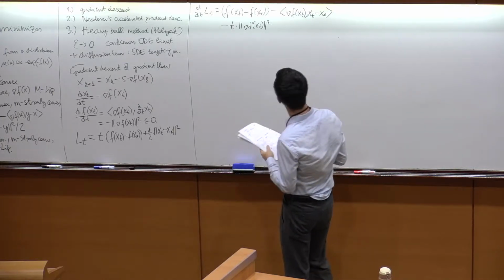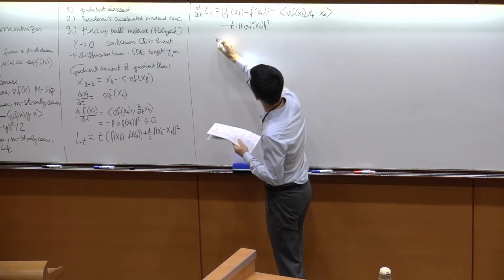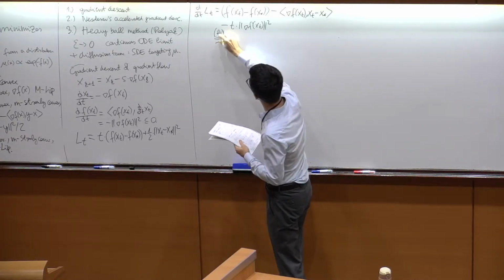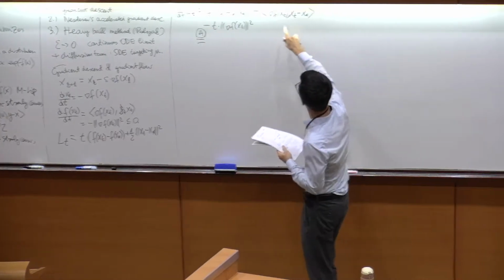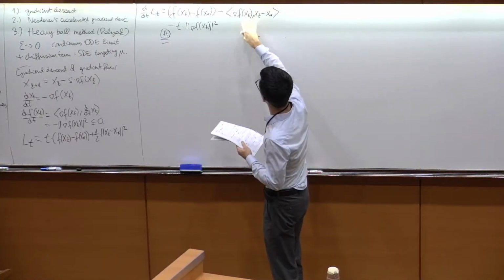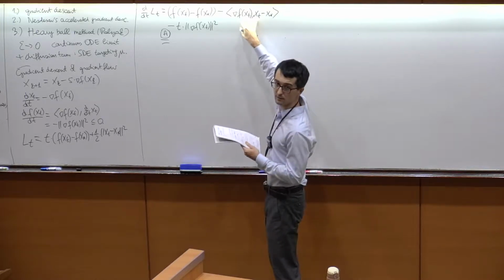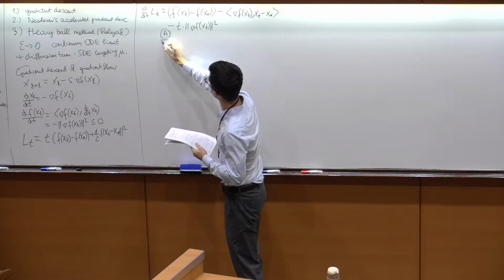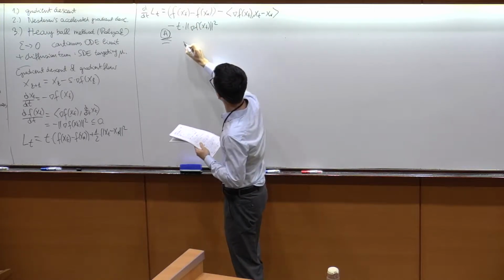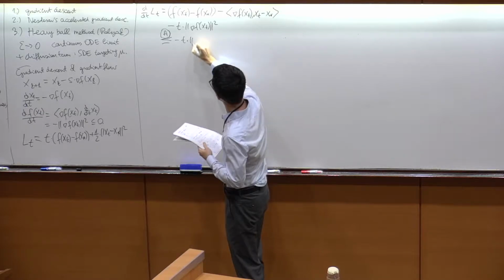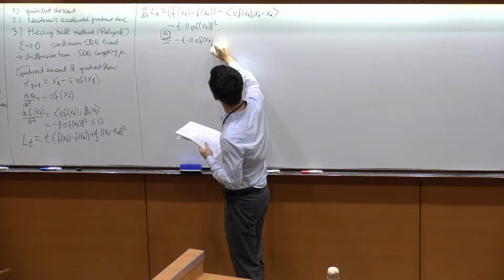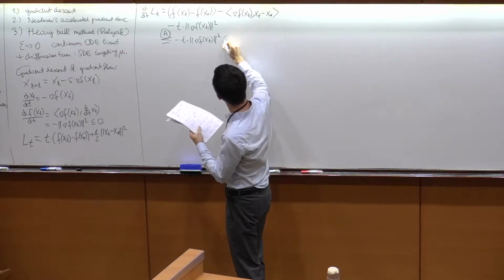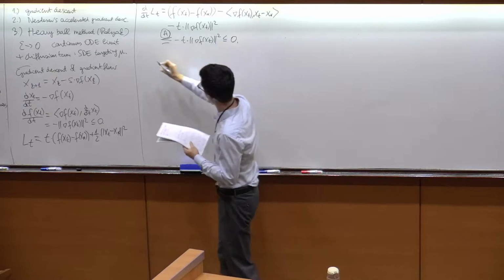Now using assumption A, by convexity this term is going to be smaller than this term. So you have that this is less than or equal to minus t times the squared norm of the gradient of f(x_t), which is less than or equal to 0.